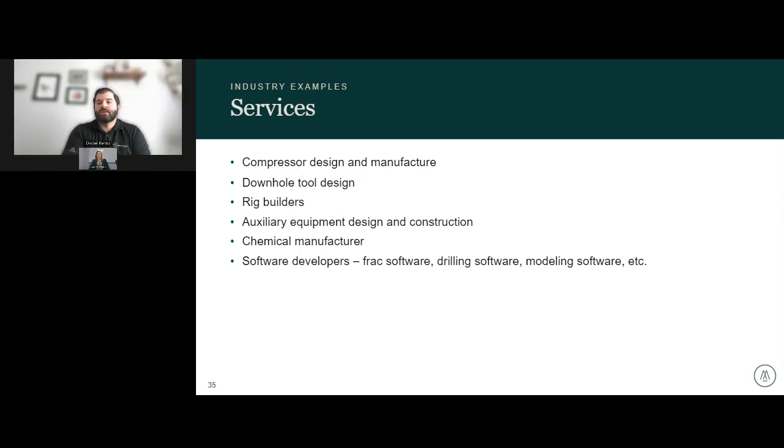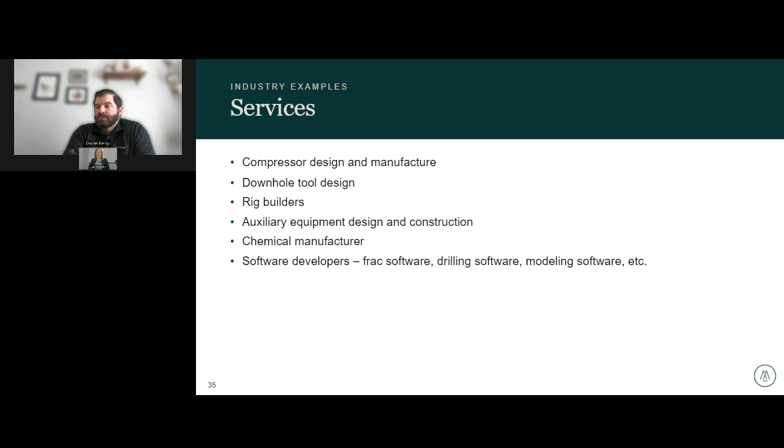And then also in the services space, there's a lot of opportunity for compressor designers and manufacturers. Here at Moss Adams, we have a few of those, and their credits are always close to the 7-figure mark. Downhole tools, whether it be wireline tools, measuring devices, drilling technology, items like that, rig builders and auxiliary equipment builders, chemical manufacturers.